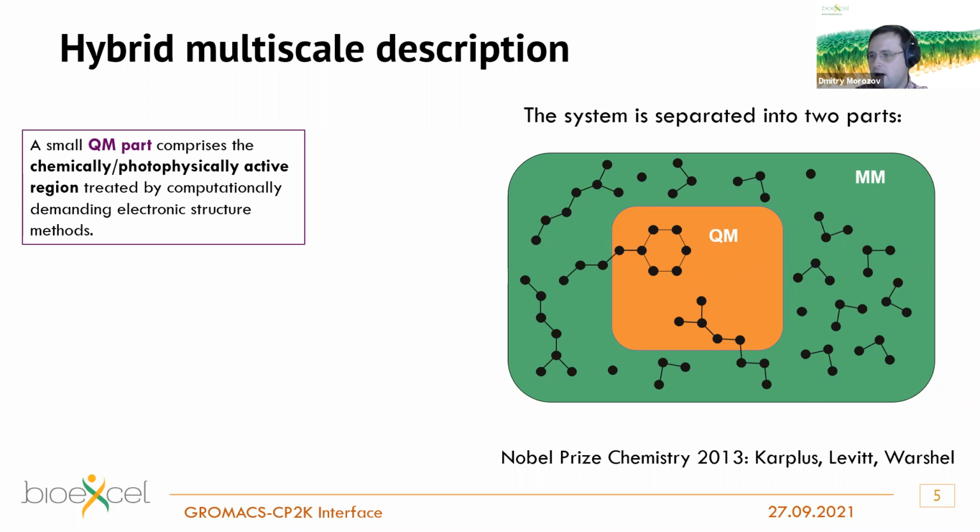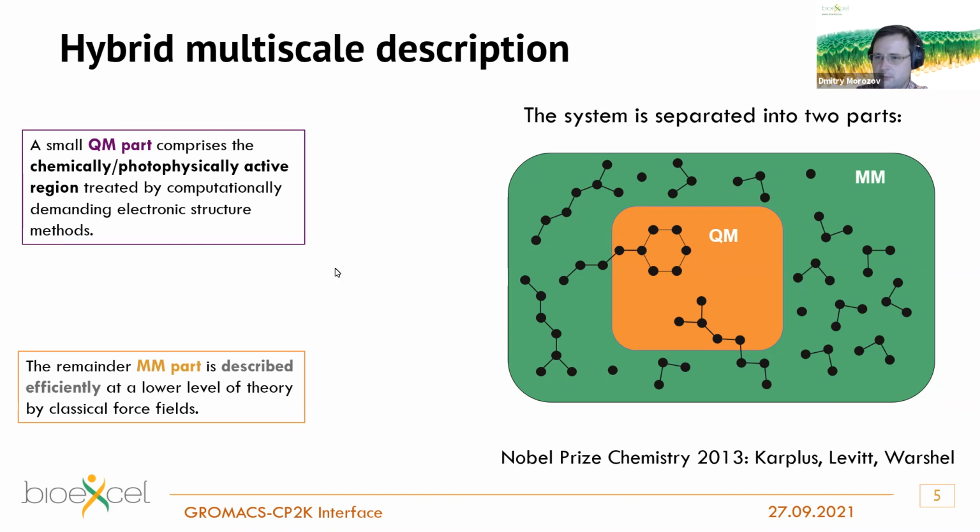You want to model this with electronic structure methods like DFT or ab initio quantum chemistry, and so on. The rest of the system you treat at the force field level. This can be done very efficiently because it's a really cheap method.